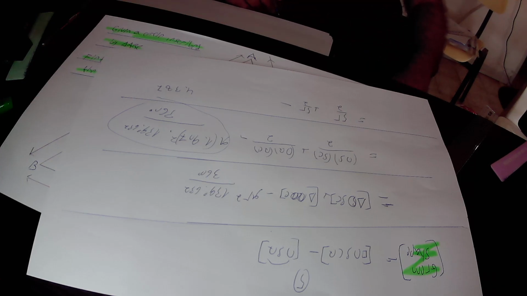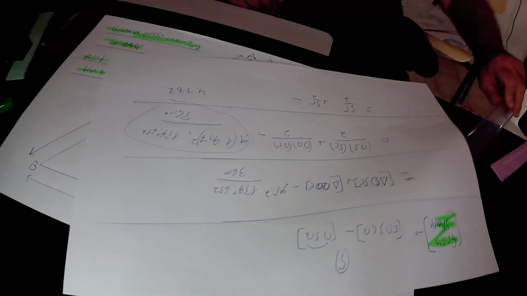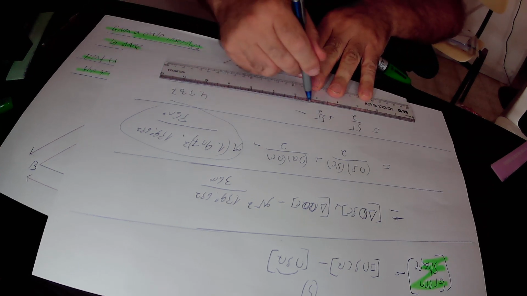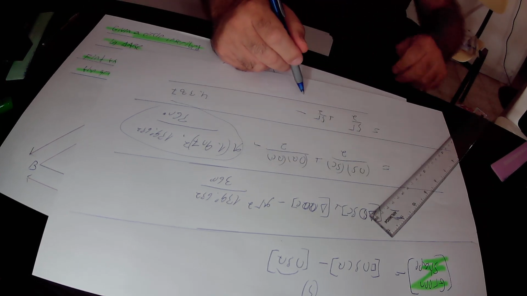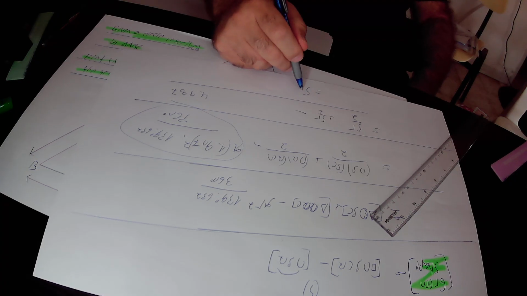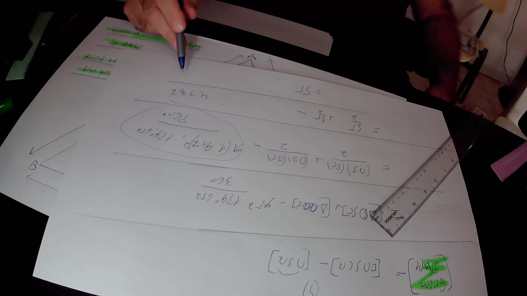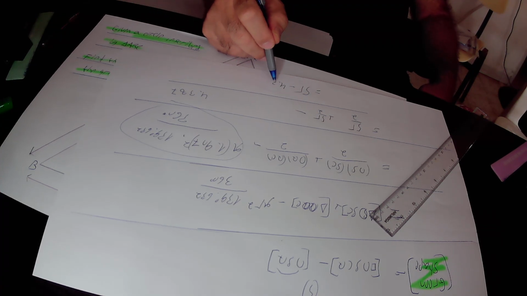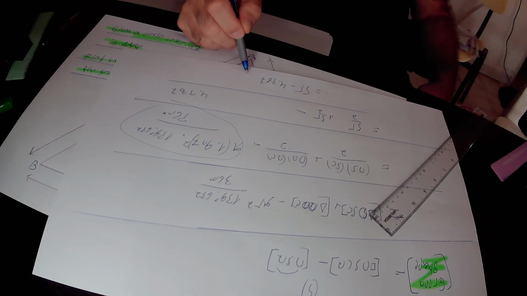5R over 2 plus 5R over 2 is 5R, minus the area of sector OSQ, that equals 4.387 square meters in its size.